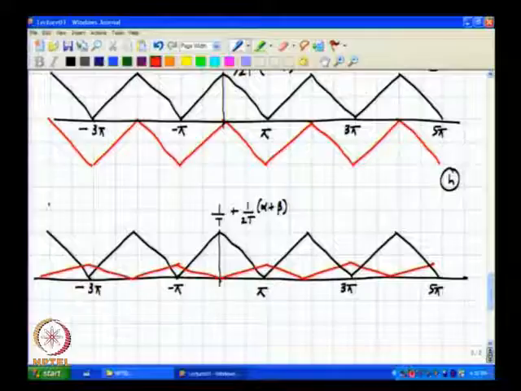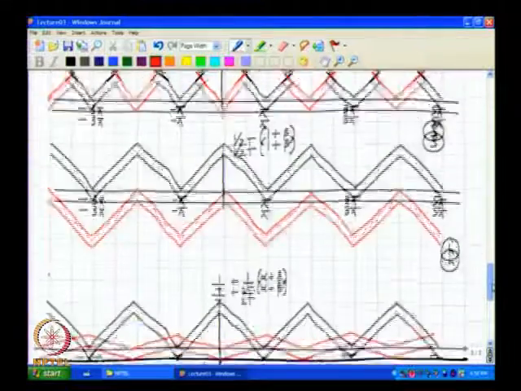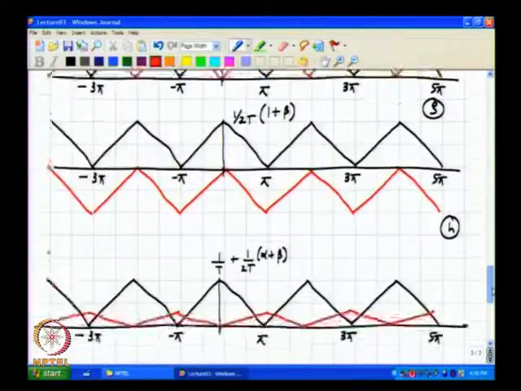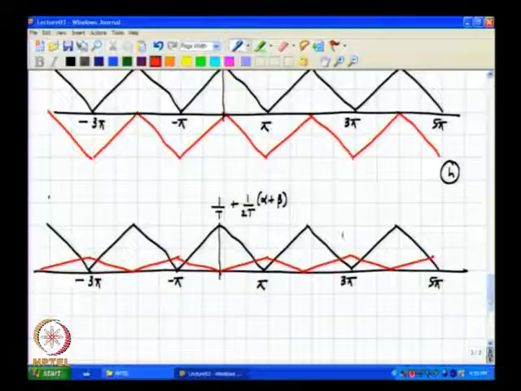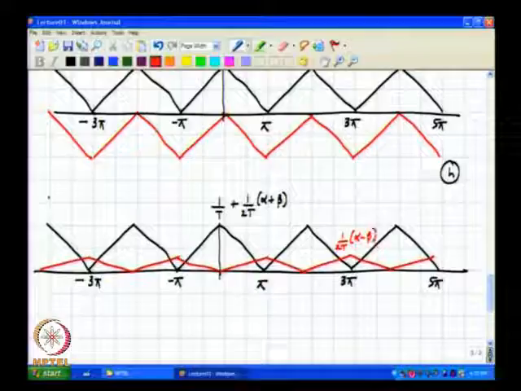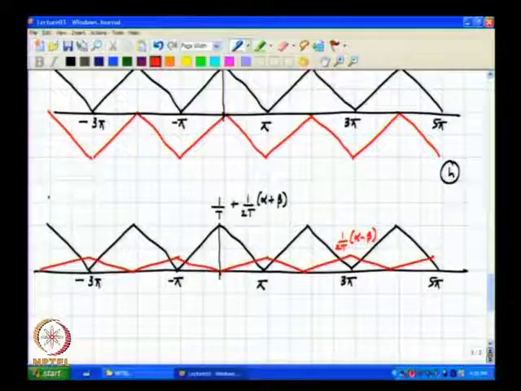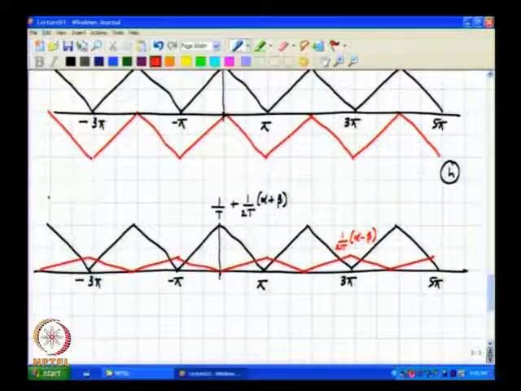Does it make sense? And what will be the height of these images? It will be 1 by 2t into alpha minus beta. Clearly, when alpha is equal to beta, again the images cancel and there is simply a gain error, correct. But when alpha and beta are not equal, we see that there are aliased components.